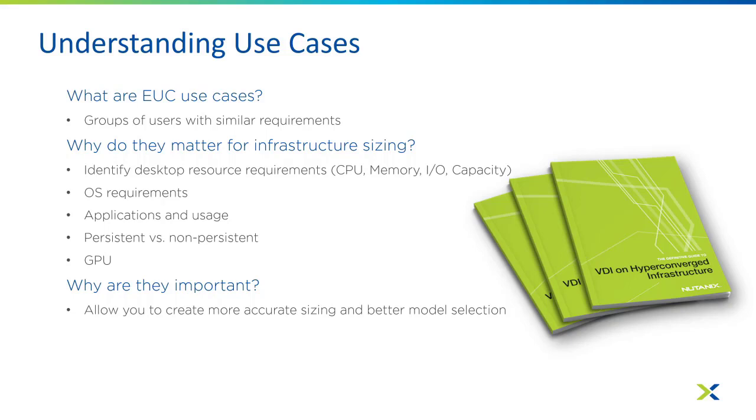So these matter for infrastructure sizing, because if I can group these together as a certain use case, then I can create a sizing specific for that application set, or specific to those desktop resource requirements. So they are important because they allow us to create a more accurate sizing, which in turn results in a better model selection. So a better selection of the nodes that build that Nutanix cluster.